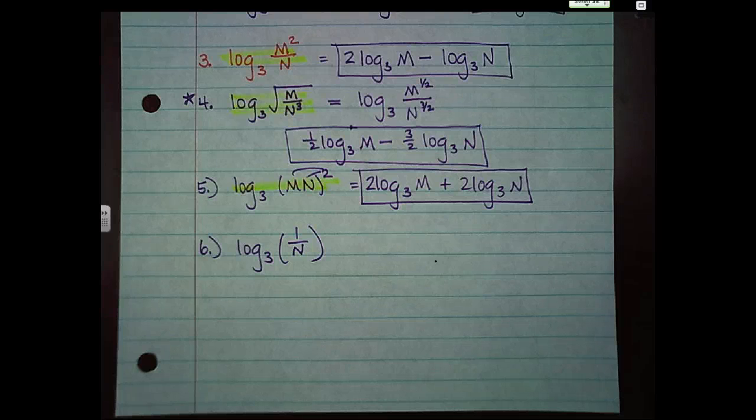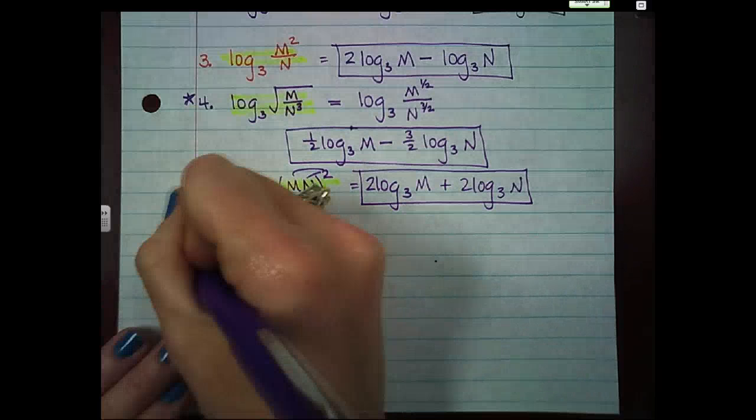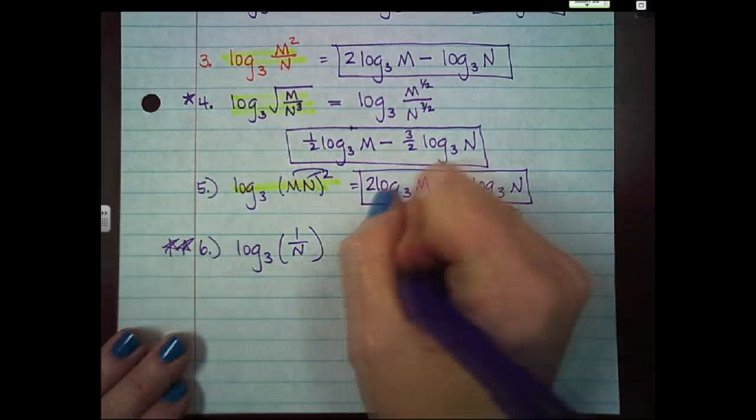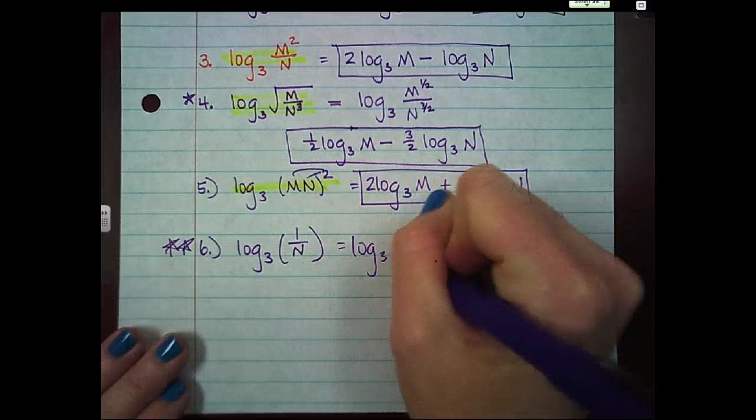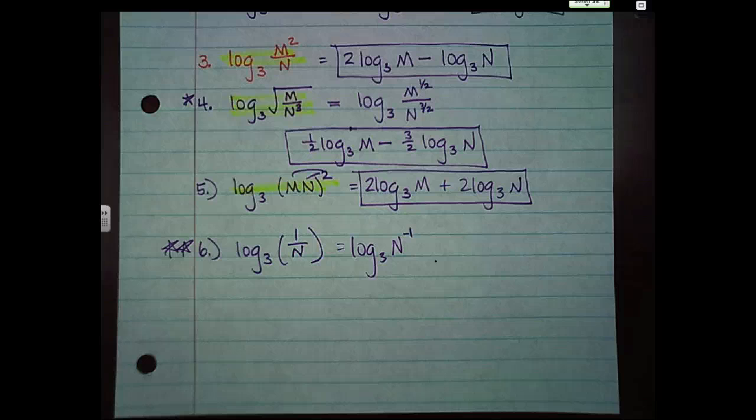How would you write 1 over n? Yeah, n to the, what puts an n in the bottom? A negative 1. Okay, so if I rewrite this, this one gets 2 stars. If I rewrite this as log base 3 of n to the negative 1 power, then I can simplify it. The negative 1 gets pushed in front.